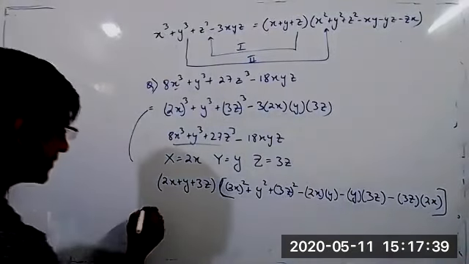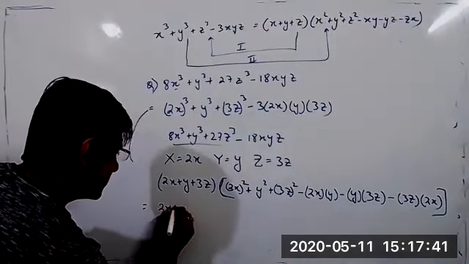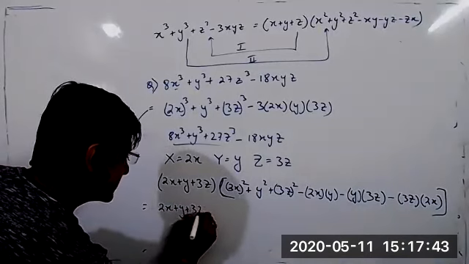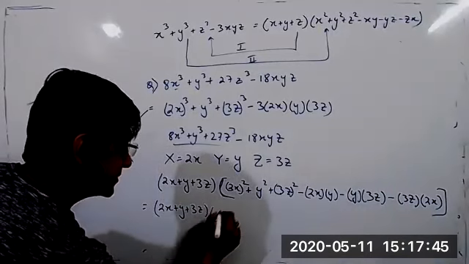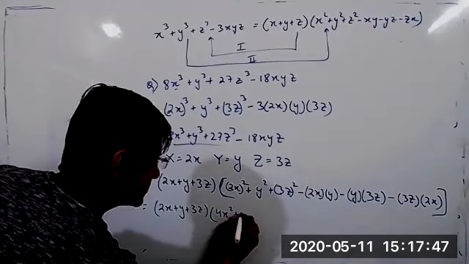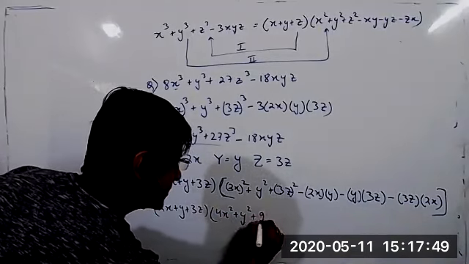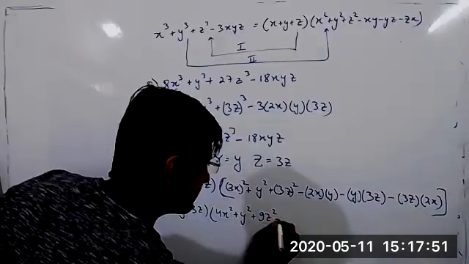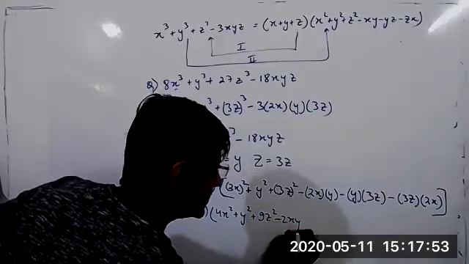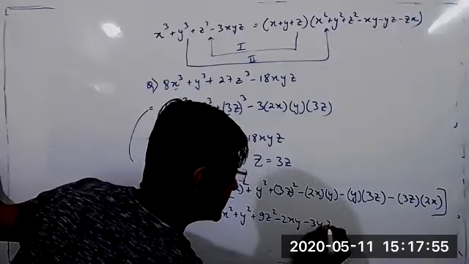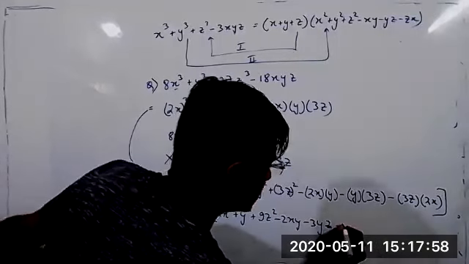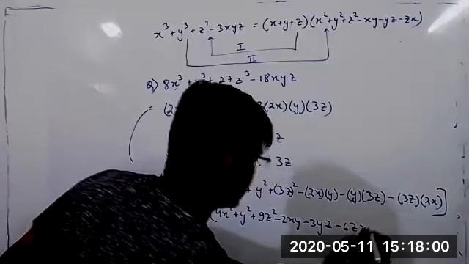So finally what we have to do? We have to write the final answer. This is 4x square plus y square plus 9z square minus 2xy minus 3yz minus 6zx.